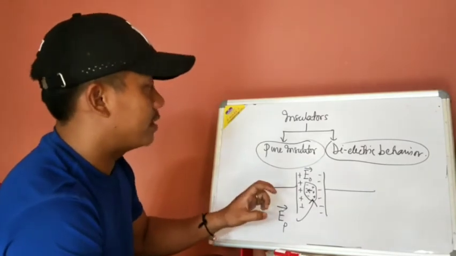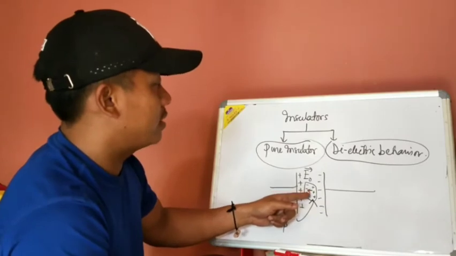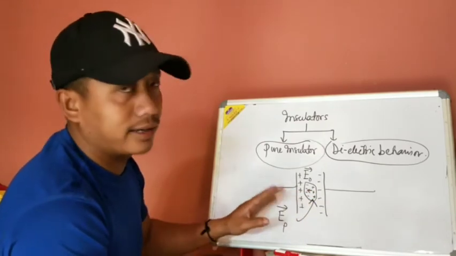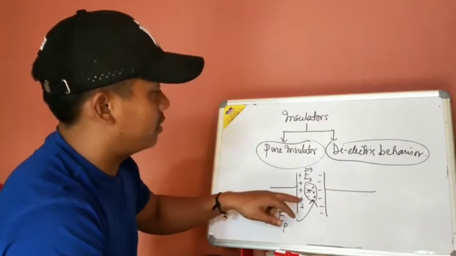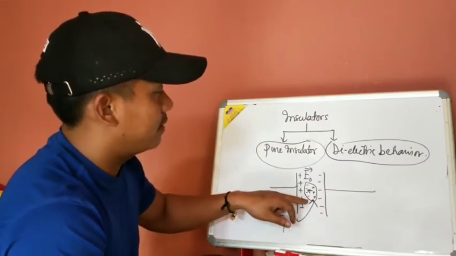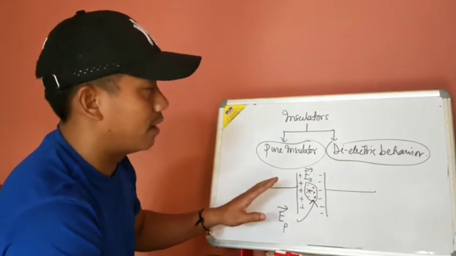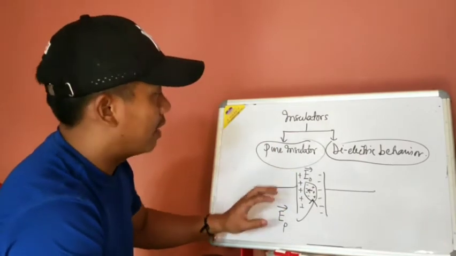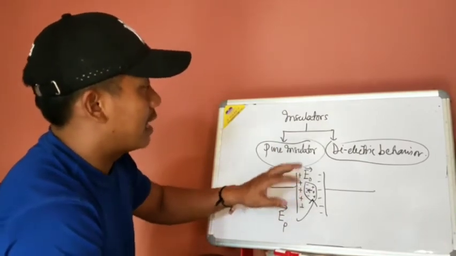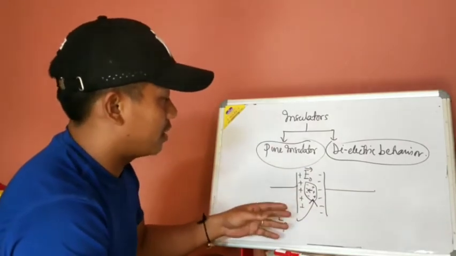So this is the difference. For dielectric substances kept in the electric field, it will behave like a conductor, and pure insulators, even when we place them inside the external electric field, will not be conducting. In a pure insulator there is no charge separation, whereas in a dielectric substance there is charge induction and an electric field is generated.